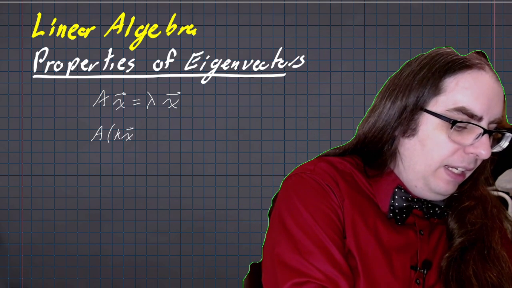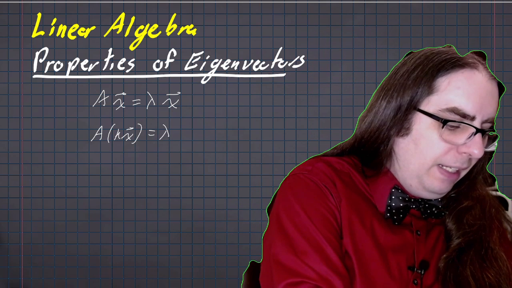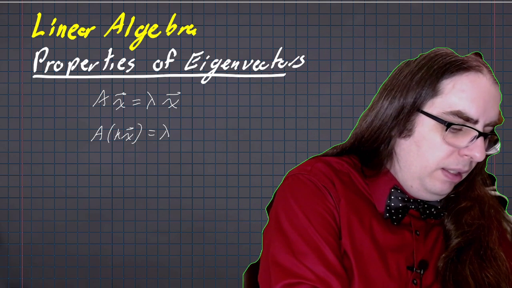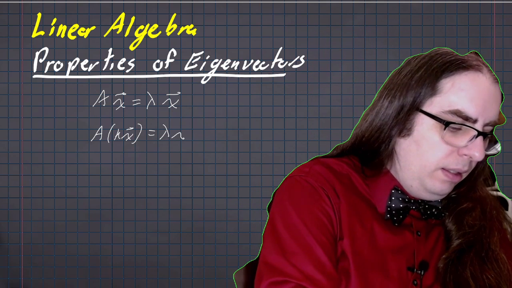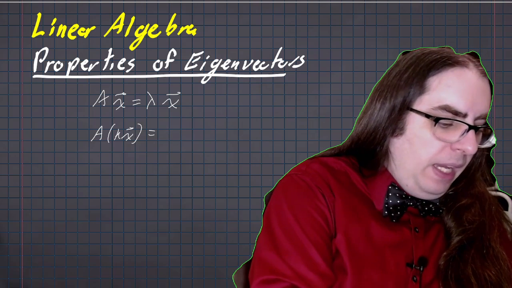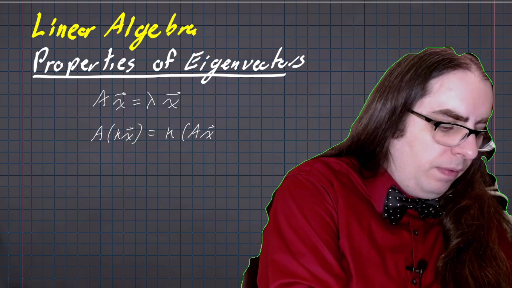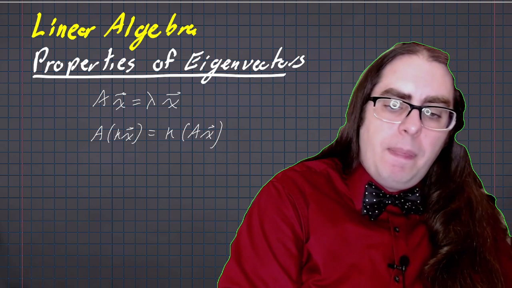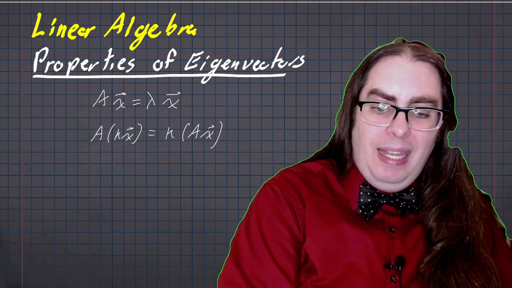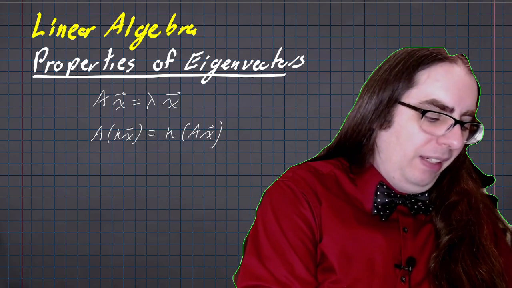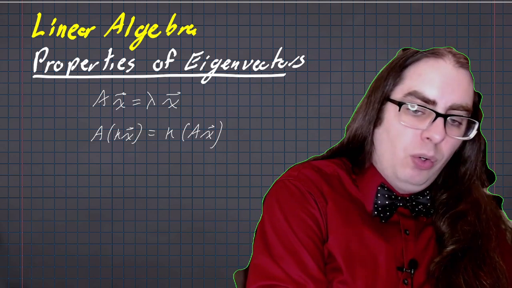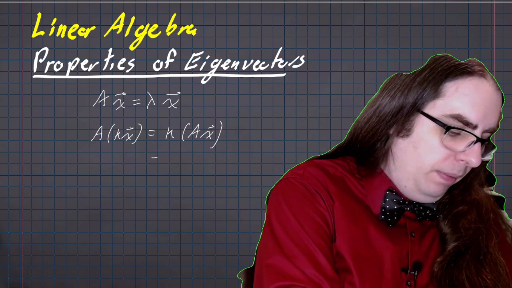If I take an eigenvector and multiply it times k, I can take that k out front, and then I have A times x, and because x is an eigenvector, the corresponding eigenvalue shows up.